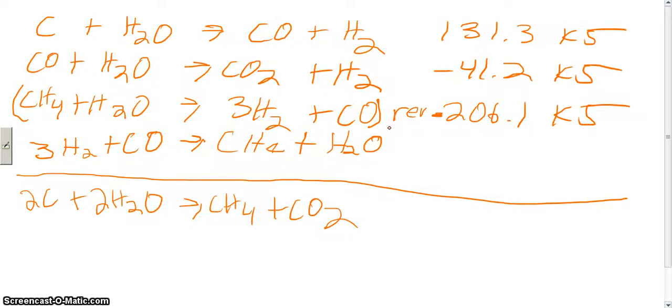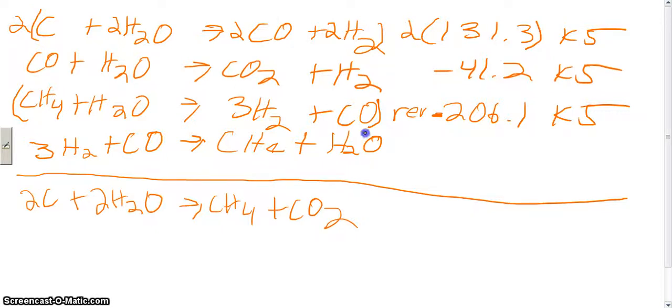Then for the next one, we have to have two C's, so we have to multiply this reaction by 2. And we also do that to the enthalpy as well. So that gives us 2 C's plus 2H2O yields 2CO plus 2H2. Now we can cancel.